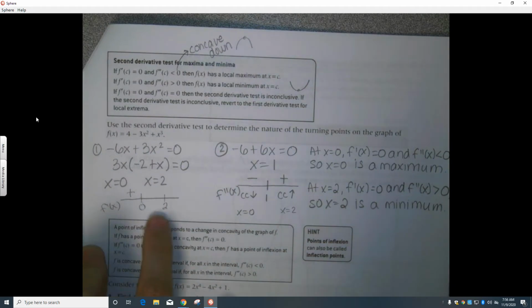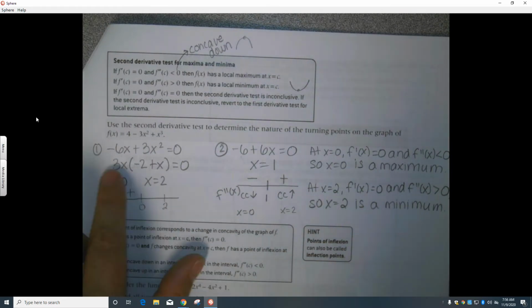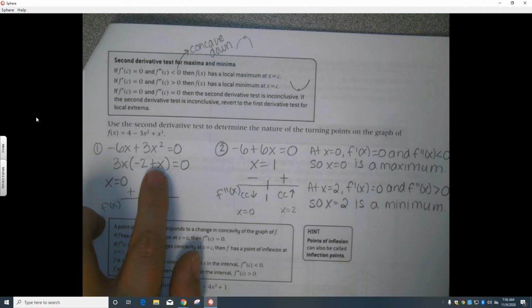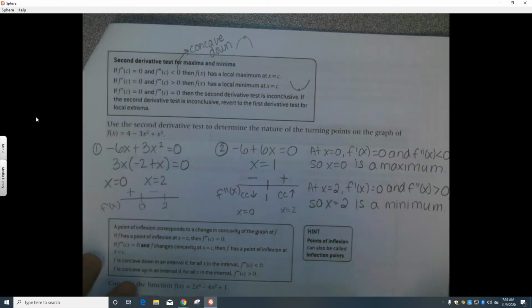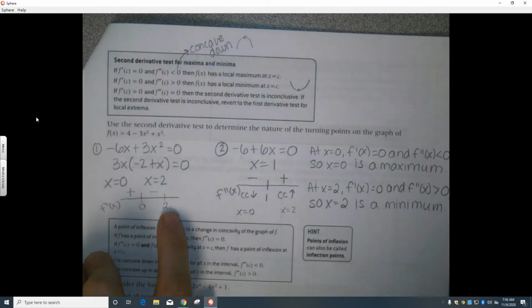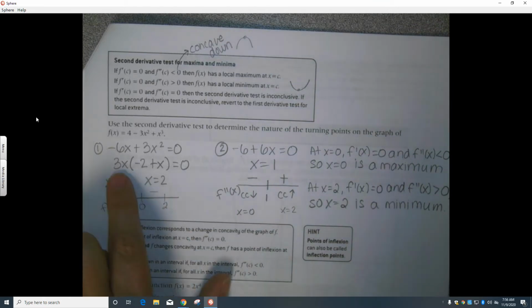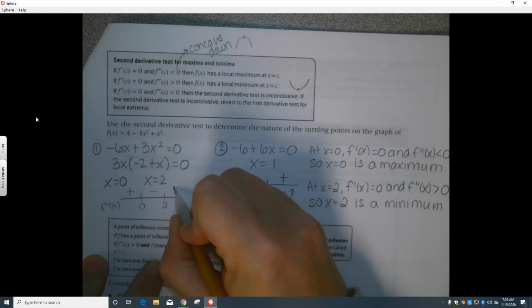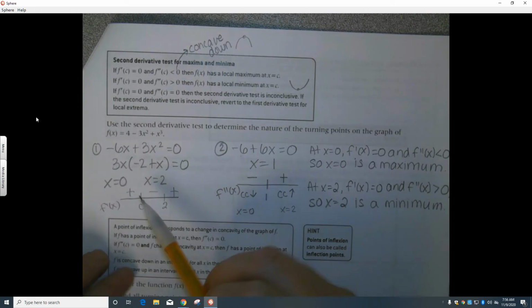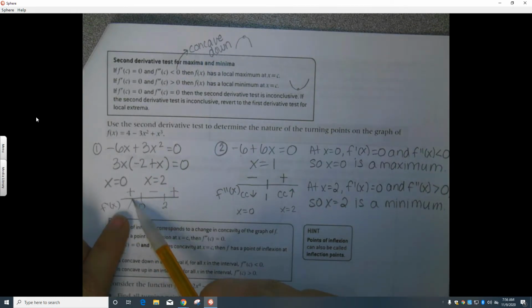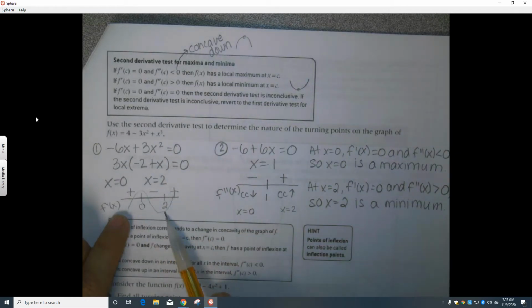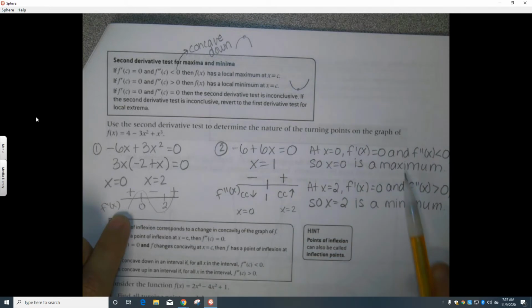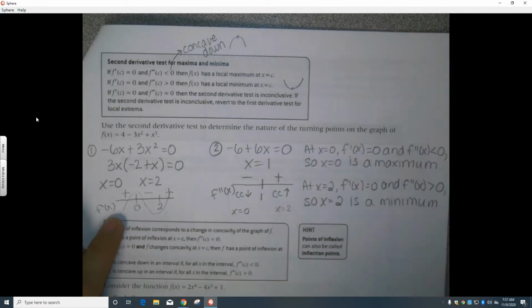A number between 0 and 2, like 1, I'd get a positive times a negative, which is a negative. And then if I plug in a number bigger than 2, like 5, positive times a positive. And so I can see it changes from positive to negative, and then from negative to positive. So max at 0, min at 2. And that's exactly the same thing that we gathered over here.